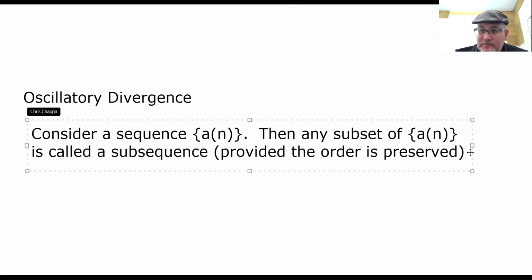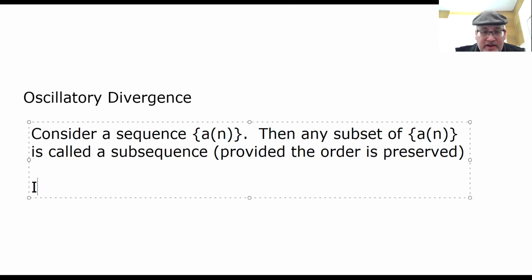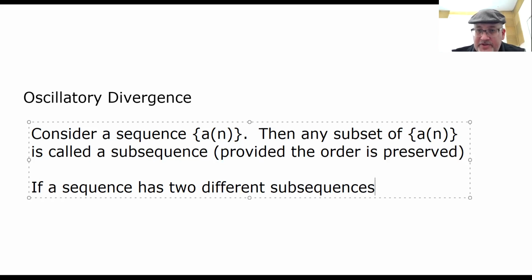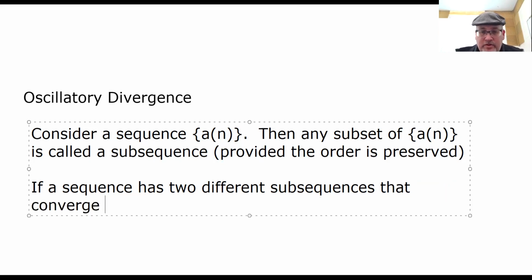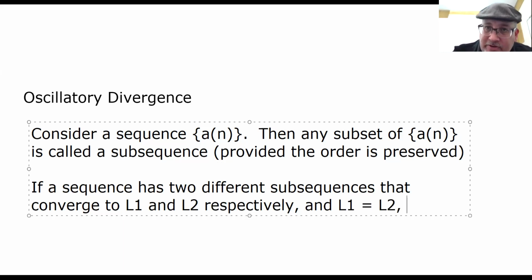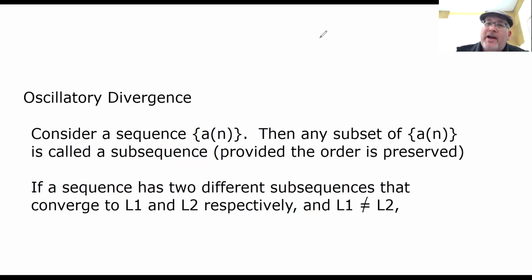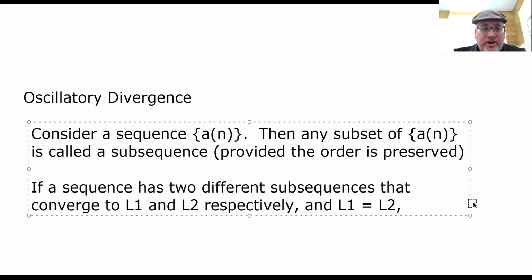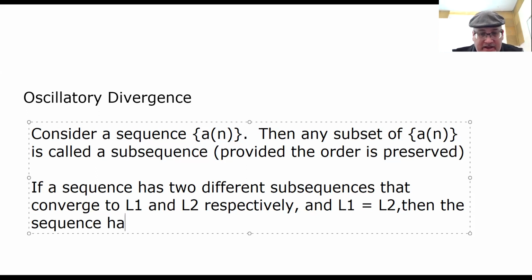What it means is, if a sequence has two different subsequences that converge to L1 and L2 respectively, and L1 does not equal L2, then the sequence has oscillatory divergence.